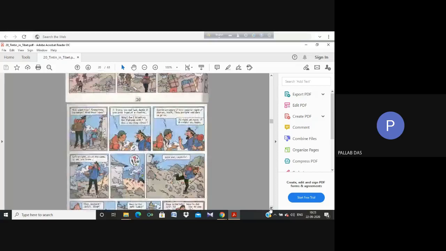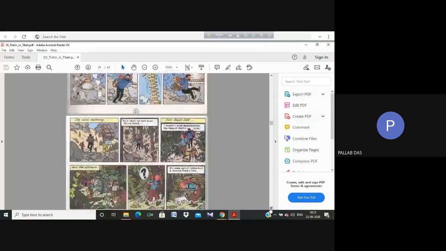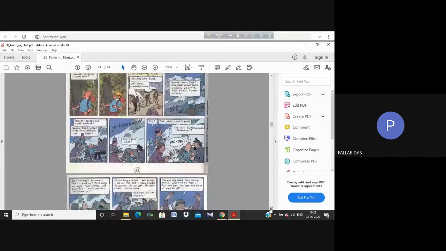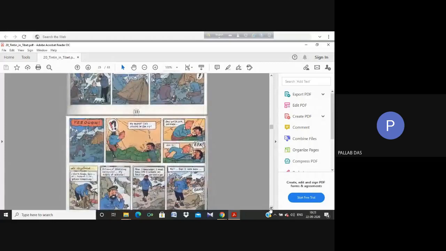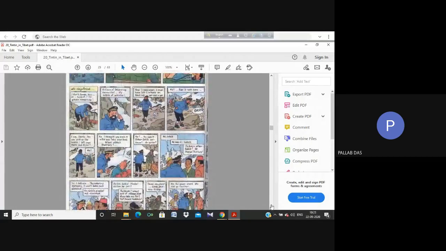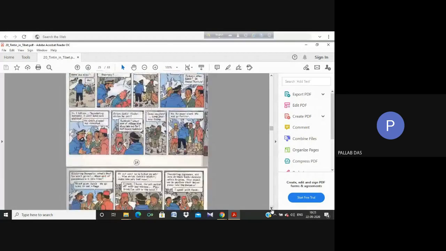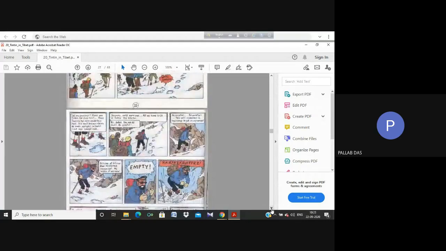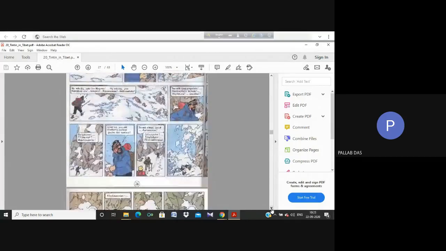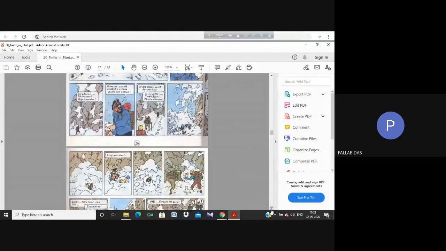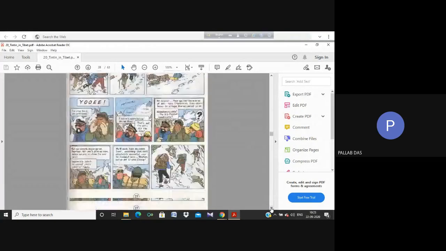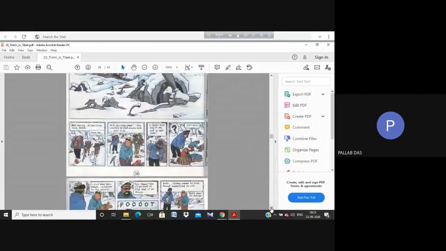And then comes the snowy mountain, the Yeti, Tintin falling into the snow cave, struggling, but everything could not resist him, not even the snowstorm. At one place, even they were dying.